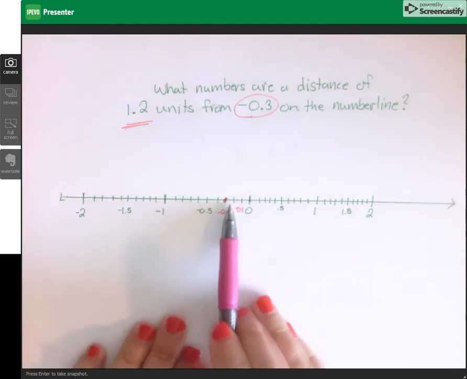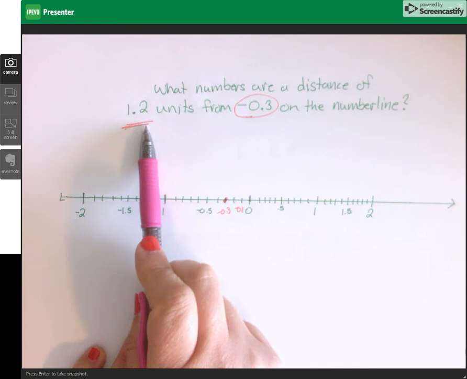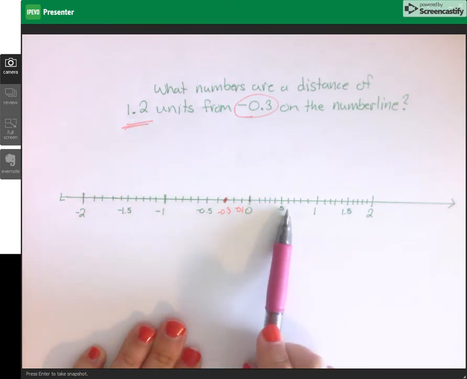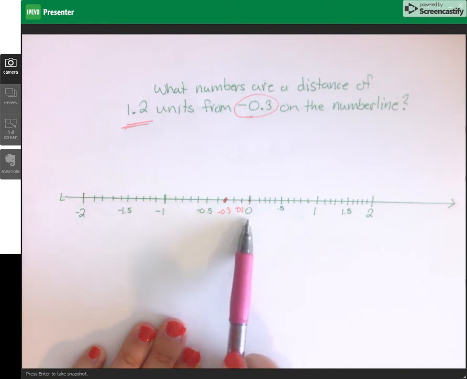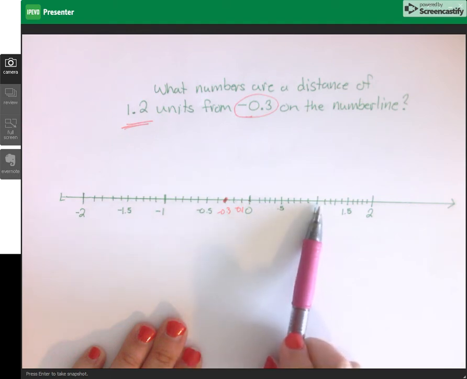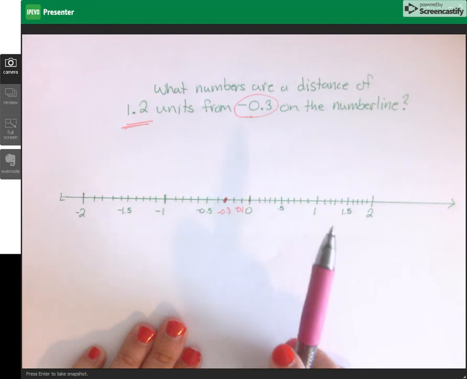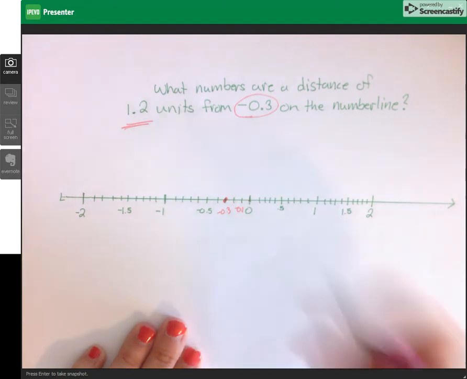Okay, so 1.2 units. You may go, wait, but those aren't whole units and our number line's not whole units. That's right. So 1 whole unit from 0 to 1, there's actually 10 tick marks. So we're going to go 10 plus 2. We're going to go 12 little tick marks in each direction.